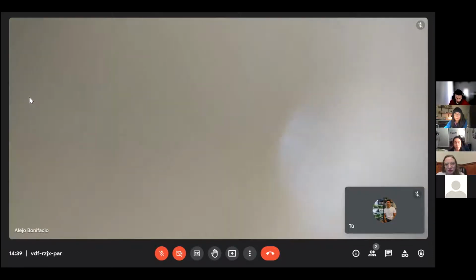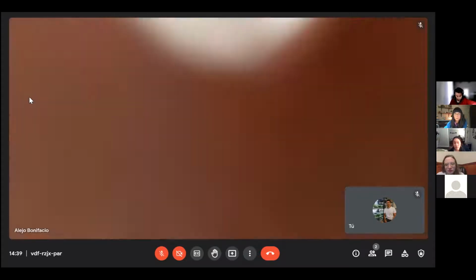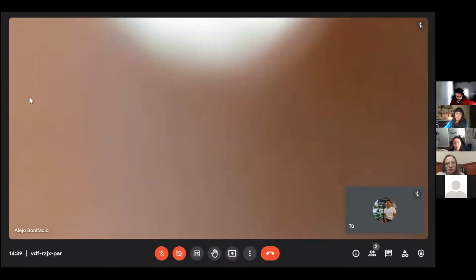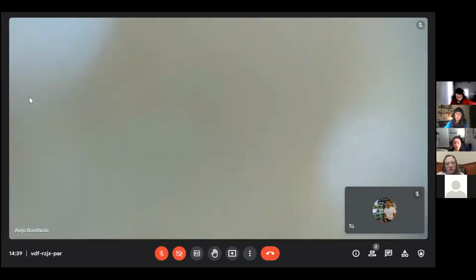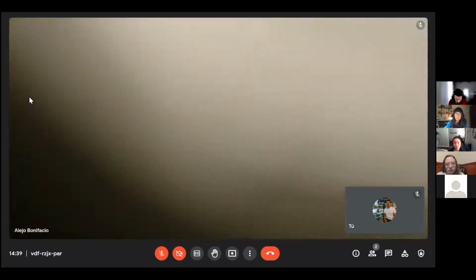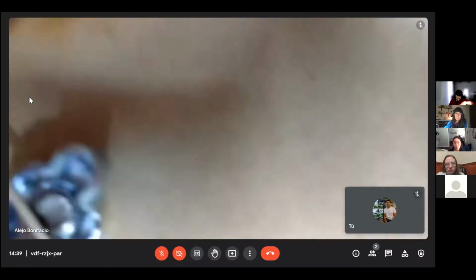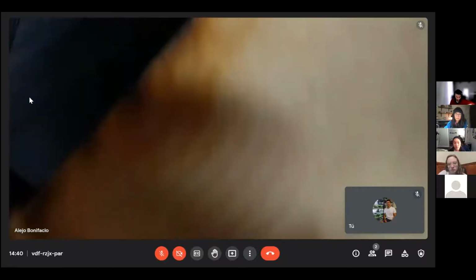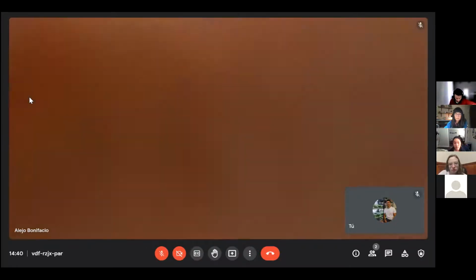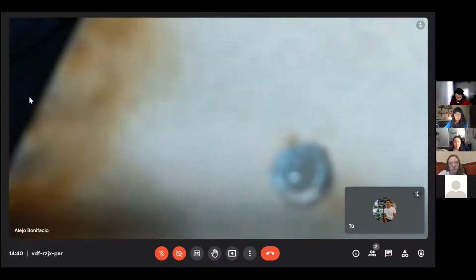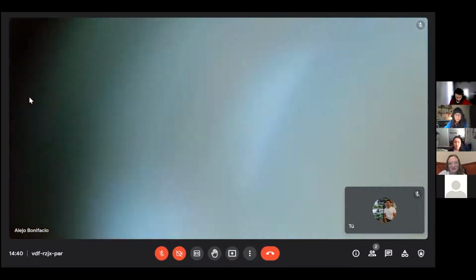This is quite a different microscope model. I see something strange, but I don't know what it is.